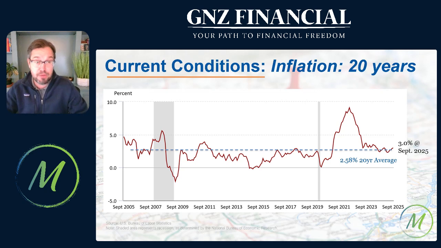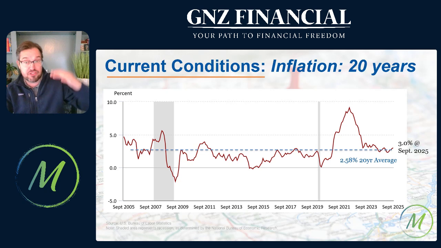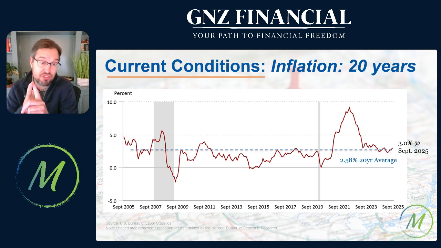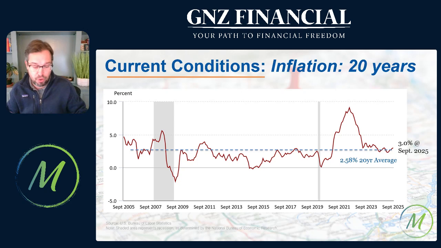The September numbers were just released last week, in late October, and we were at a 3% inflation rate. So slightly above that 20-year average, but that average had some anomalies. We had some big increases in things there. And we know that the Federal Reserve's target rate is 2%. So right now, we are higher than the 20-year average and higher than the Federal Reserve goal.